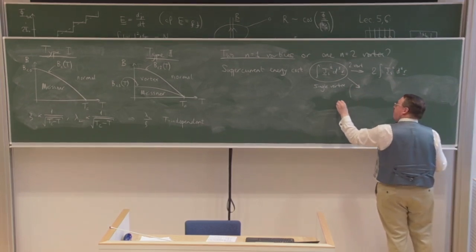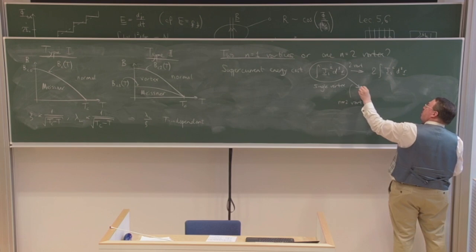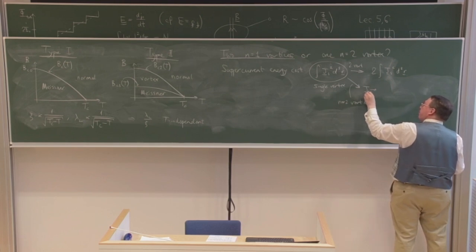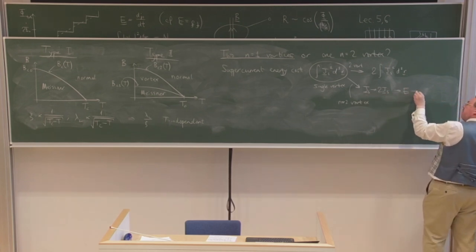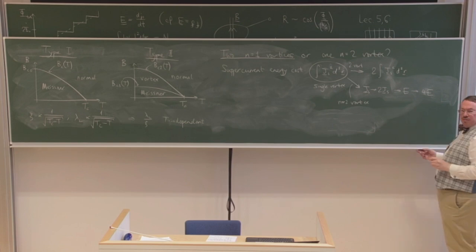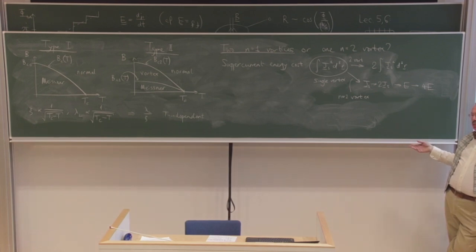But if I have an n equals 2 vortex, then I need twice the supercurrent, which means the energy quadruples. So the fact that these energies depend on squares of currents basically always tells you that you're better off having a large number of small vortices than a small number of large ones.